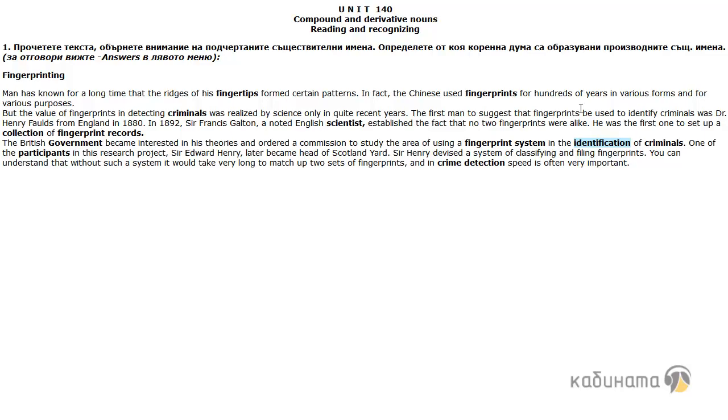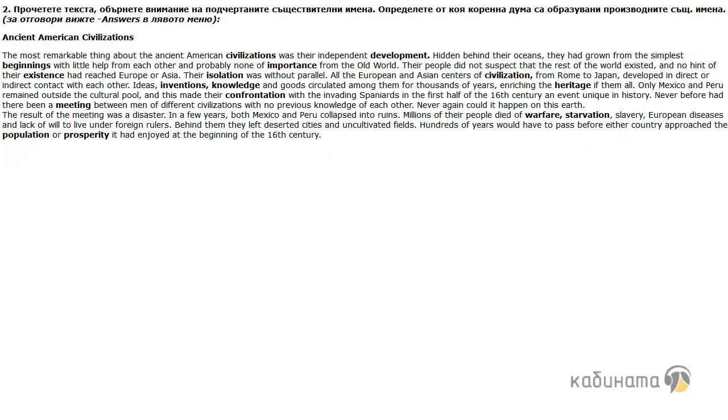It comes from the verb to identify, and identification is the noun. Also, participant. It comes from the verb to participate, and someone who participates is a participant.